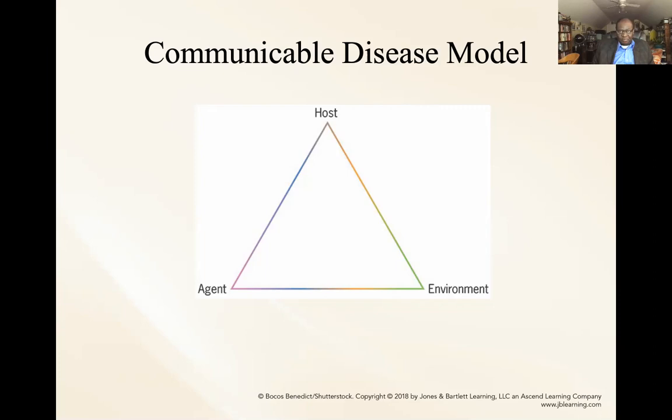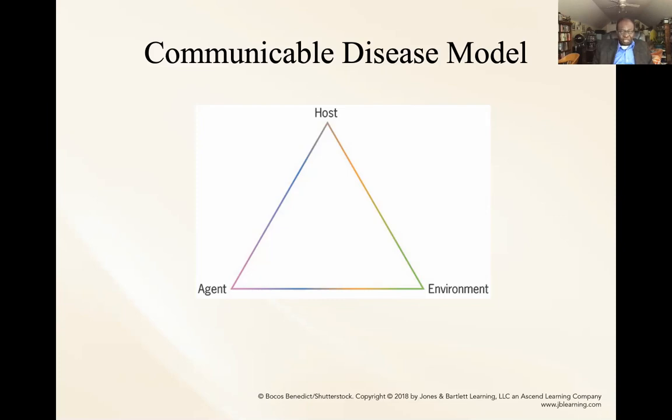What people are trying to do, especially dealing with the COVID virus, is the agent is the coronavirus. The agent is looking for somebody who is susceptible, somebody that they can infect. And once that agent, the coronavirus, infects somebody, that person becomes the host.